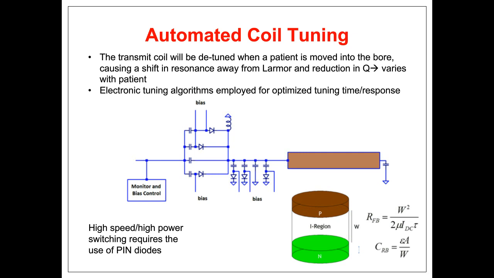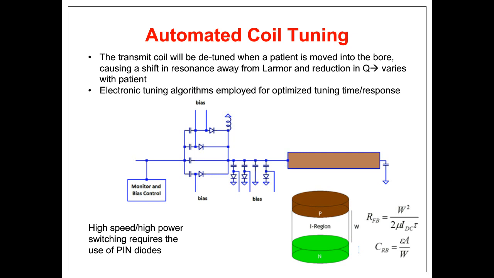If you put a patient in there, different dielectric loading means the frequency of resonance is going to shift a little bit, so you need to tune it and match it. Since this is going to be used in a setting where you may not have an RF engineer as the operator, you want something that one can just push a button and have tuned. So there's a lot of automated tuning techniques that are being developed to do that tuning and matching.